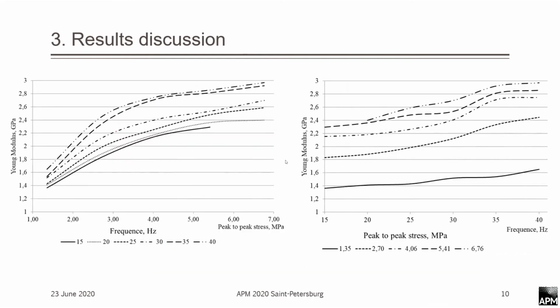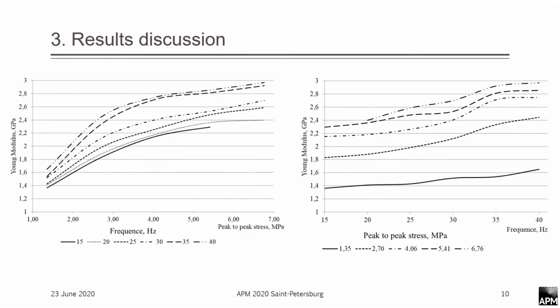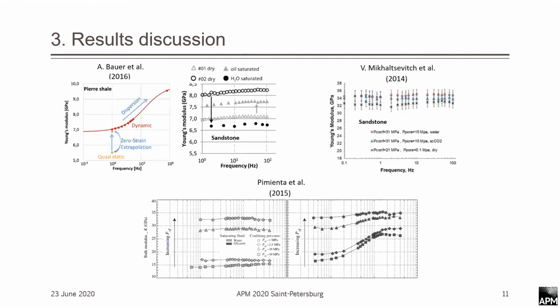In our case, we used dry samples, and you can see that our samples are strongly affected. This is because we used a much higher stress amplitude. That's why our dependencies have this character.